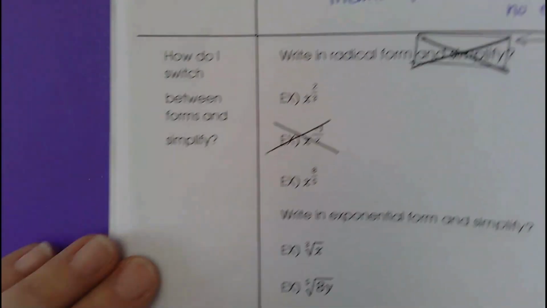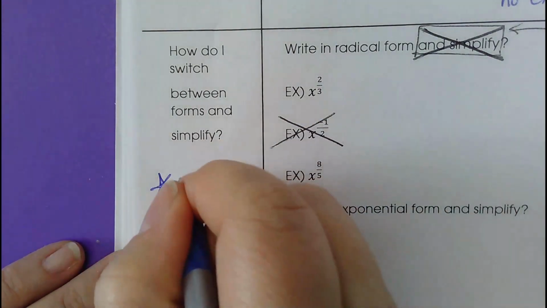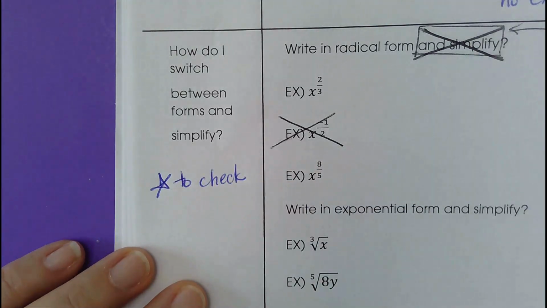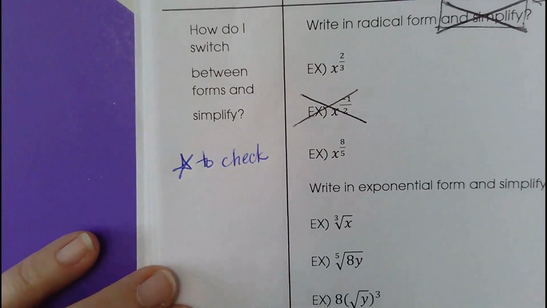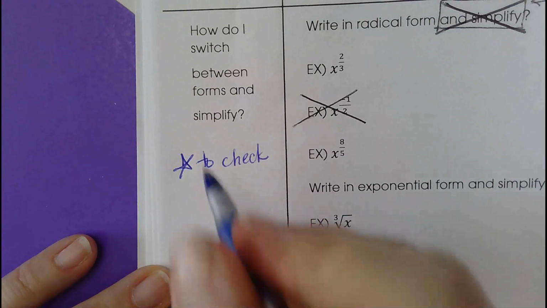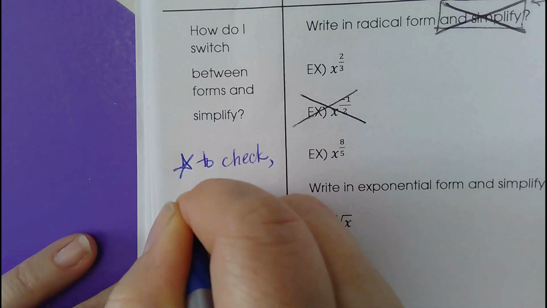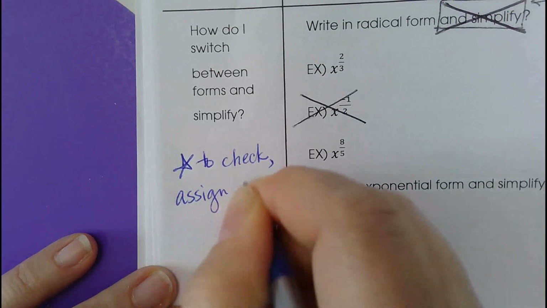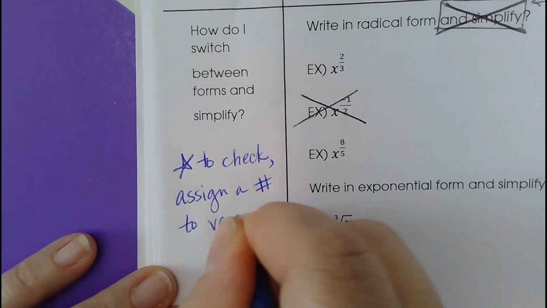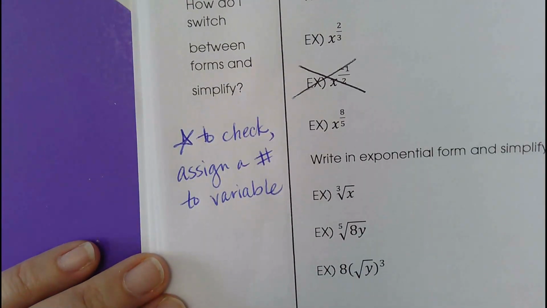I would write a note here for you. When you're doing this, because you have variables and it's not an equation, and if you want to check yourself and make sure that what you're doing is correct, so that you can take some comfort that we're doing good, helpful practice, I would recommend substituting a number. I'm going to assign a number to the variable. You can pick any number, it doesn't matter. If you want x to be 2, make x 2.